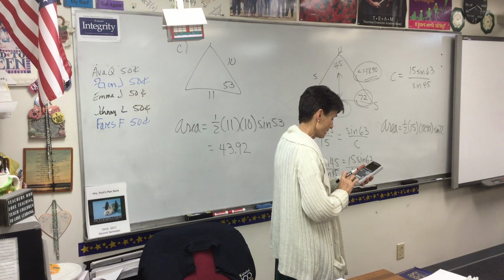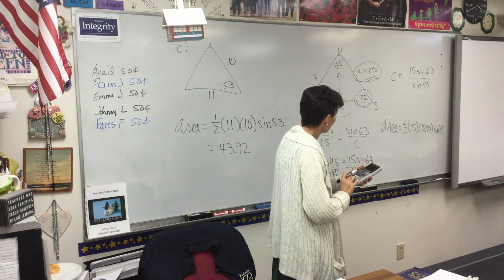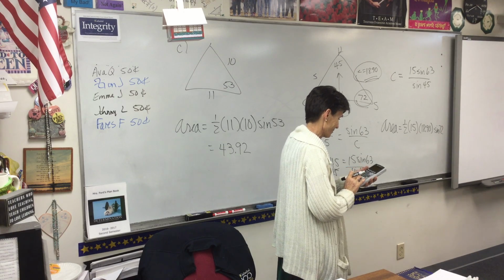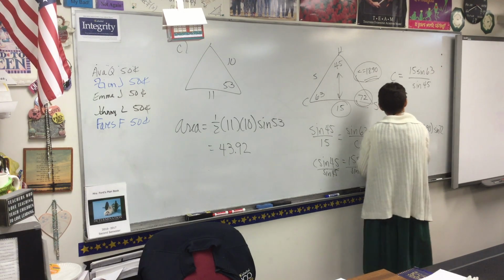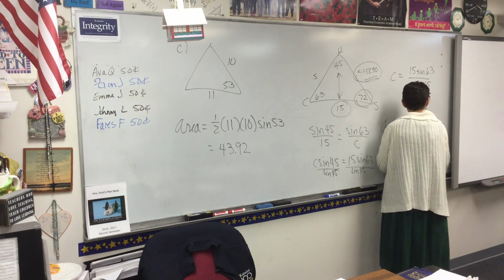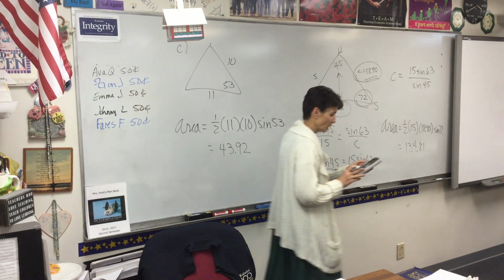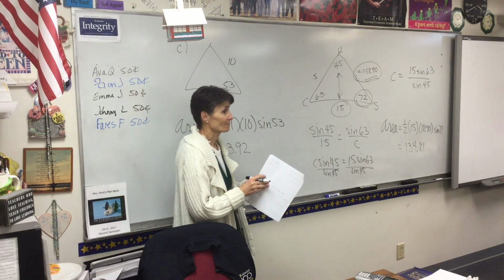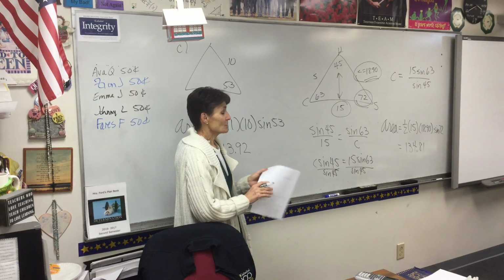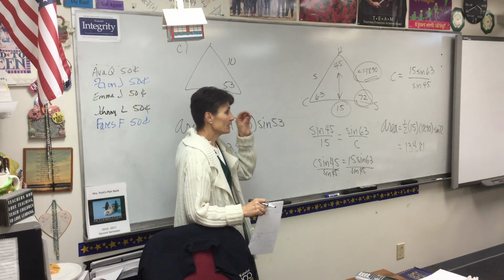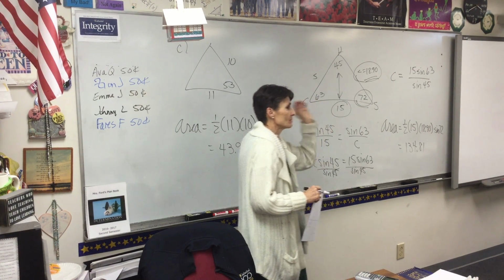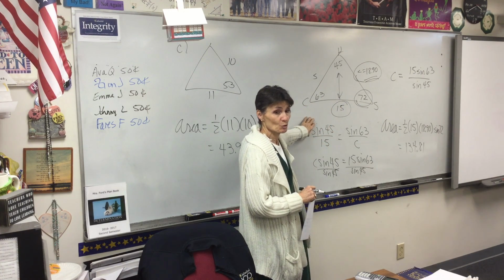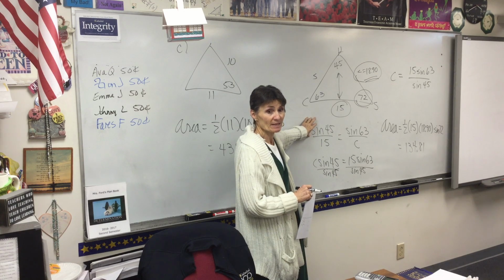So my answer is 134.81. Yep, that's right. What do you think? Are you okay with that? So when we take our test, please zero in on the two easy problems and then know that one of them you're going to have to do a little extra work on to find the missing side.